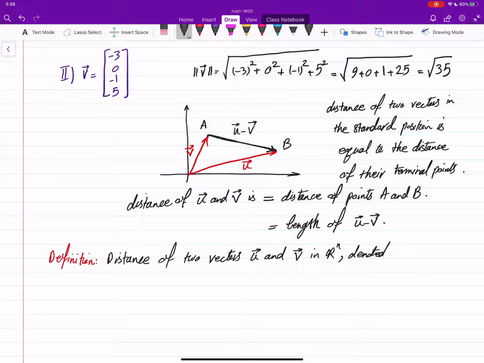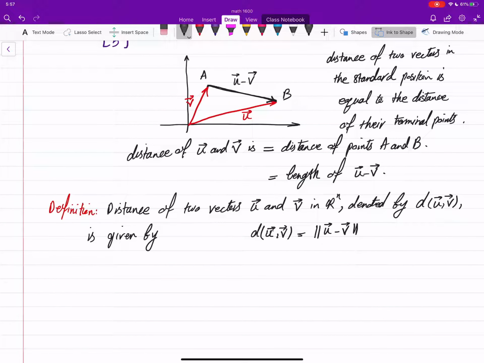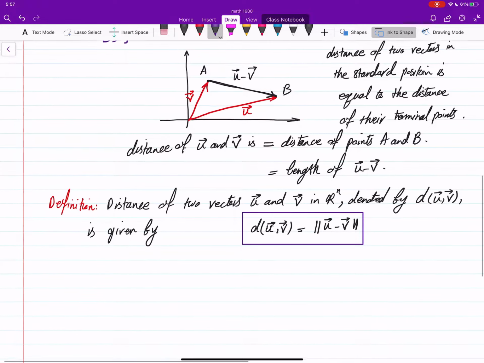Denoted by d of u, v, it is given by d of u and v is equal to the length of u minus v. So you find u minus v, and then the length of that u minus v is what we call the distance. That's the second formula of this video.